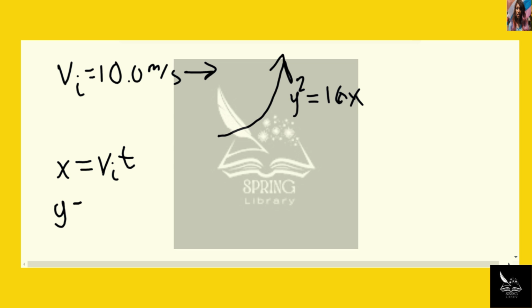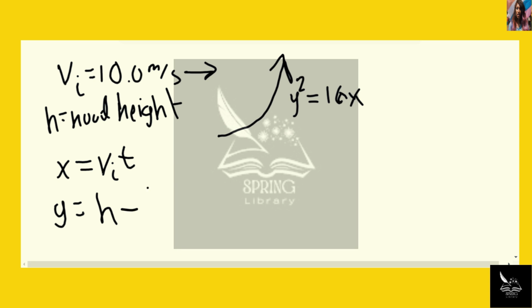So y is going to equal the height, where h is the hood height. It's probably shown in the drawing, but I can't get to the drawing. So y equals h, there's no initial velocity in the y direction, minus 1/2 g t squared.